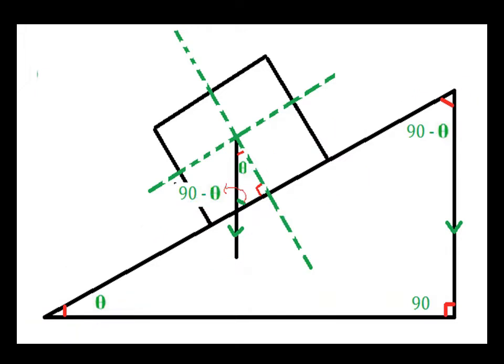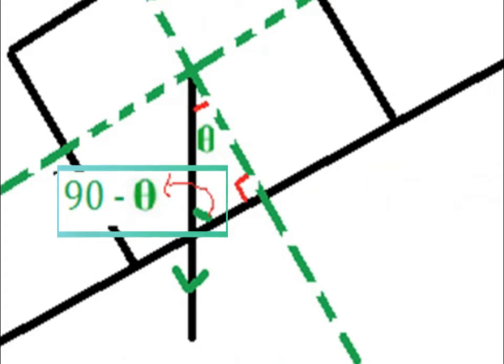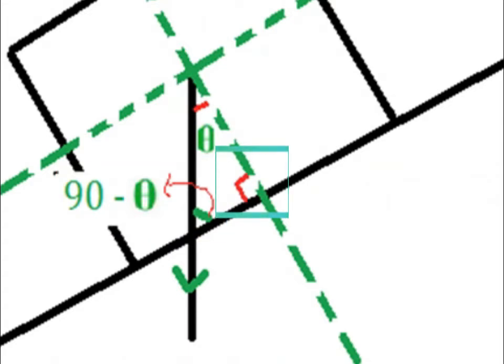So based on geometry, if this angle is 90 minus theta, looking at our figure, the equivalent alternate interior angle is this angle here. That is why the measurement of this is also 90 minus theta. If this one here is 90 minus theta and this one here is a right angle, that means this is 90 degrees. So that means this angle here is theta.